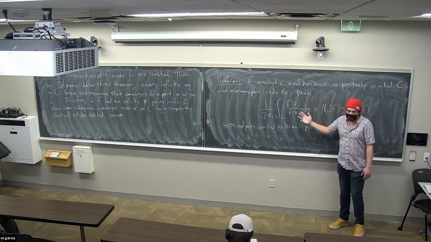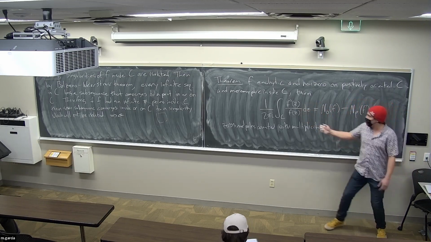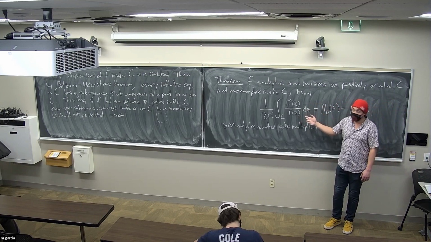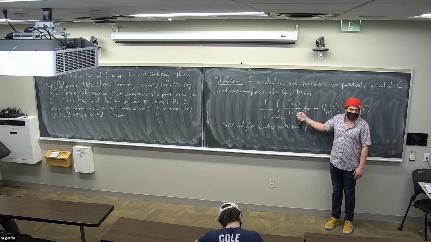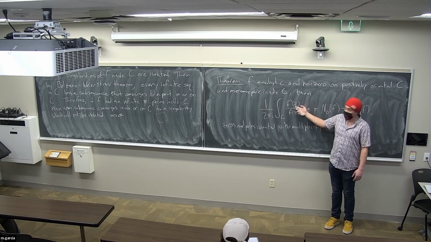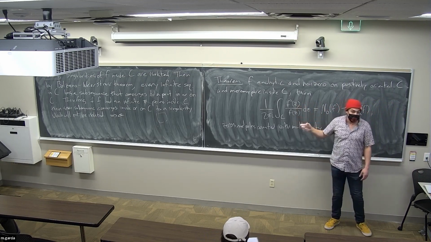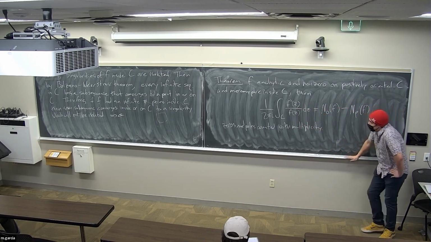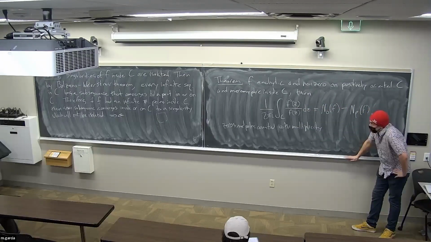So how do we prove this? This is a logarithmic derivative, right? This is to say, if you look at the function log of f of z and take the derivative of it, you get this expression, f prime of z over f of z. So that's basically what you're doing.